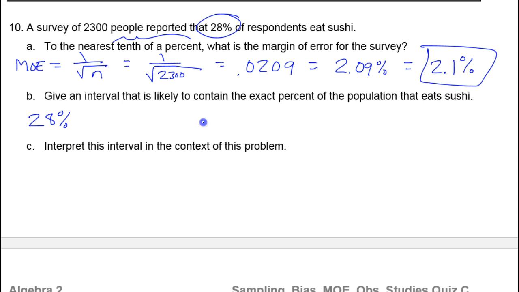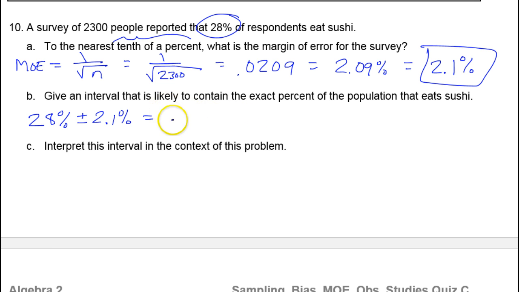And that's what the margin of error tells you. So it might be a little bit higher or lower, meaning plus or minus 2.1%. So by adding and subtracting to what the survey result said, that'll give me a range, a window. And the exact value, if somehow I could have asked the entire population, the real answer should be in there somewhere.